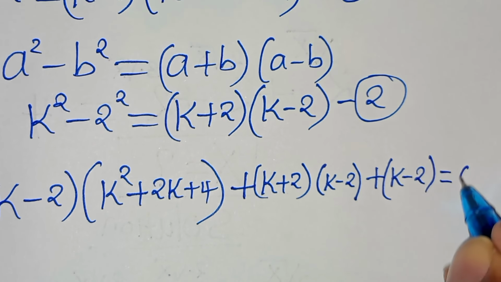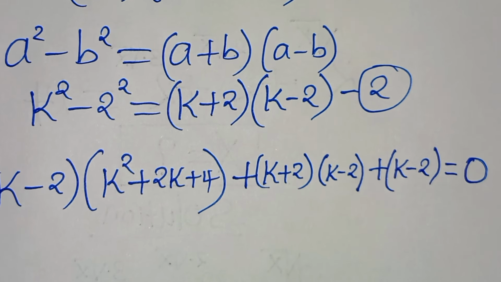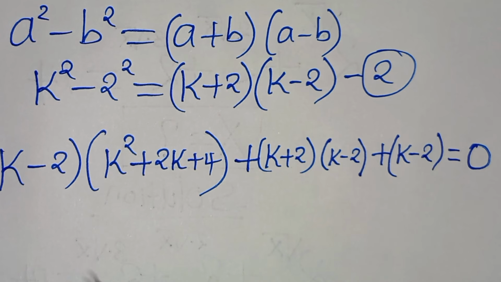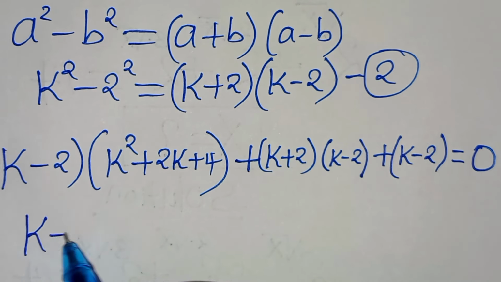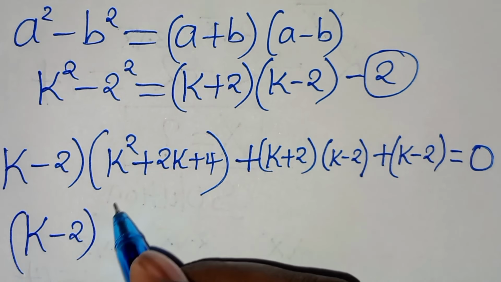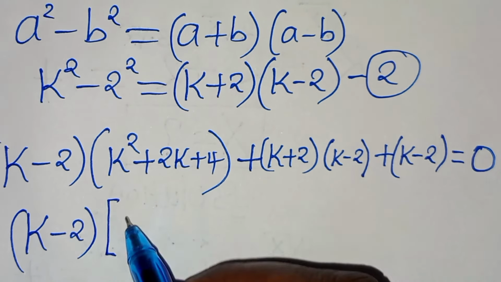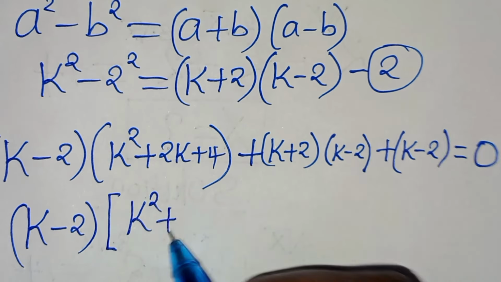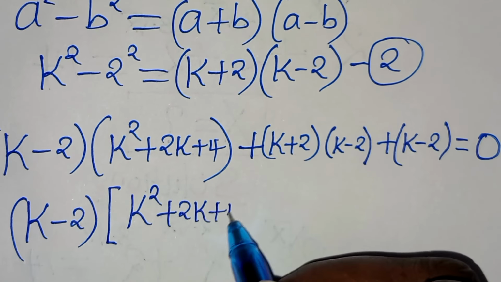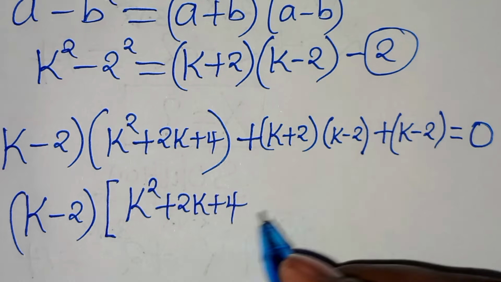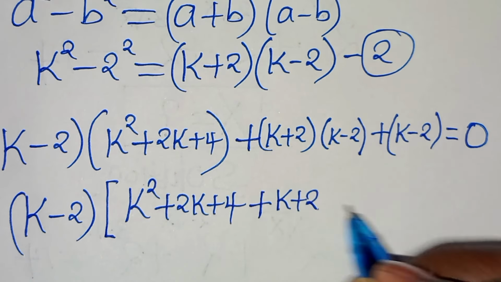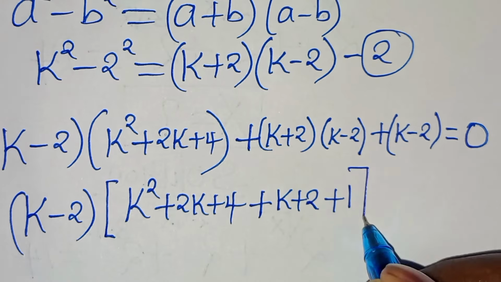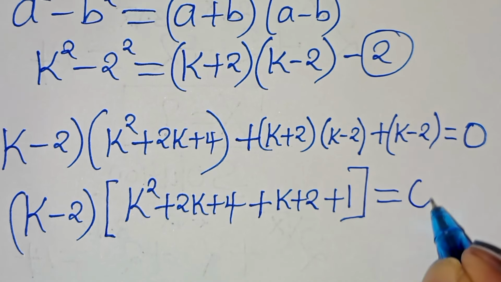This is equal to 0. So we have that k minus 2 is common here, so we can factor out k subtract 2 into the parenthesis. This is k squared plus 2k plus 4, then plus k plus 2, then plus 1. Close the parentheses, this is equal to 0.